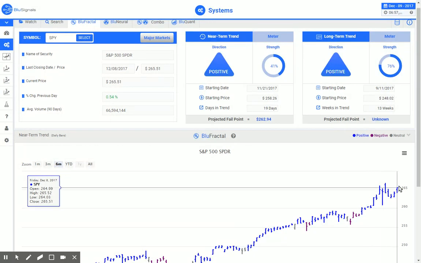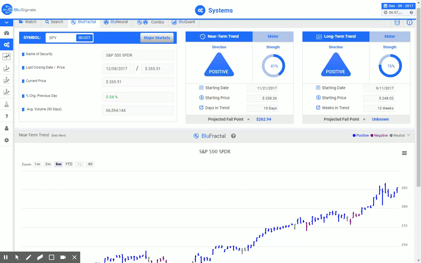What's interesting to note here is on the current trend, we're showing 41% strength and a projected fail point of 262.94, which is approximately in this level right here. So this projects where you should consider your stop loss if you're in a long trade at this point.